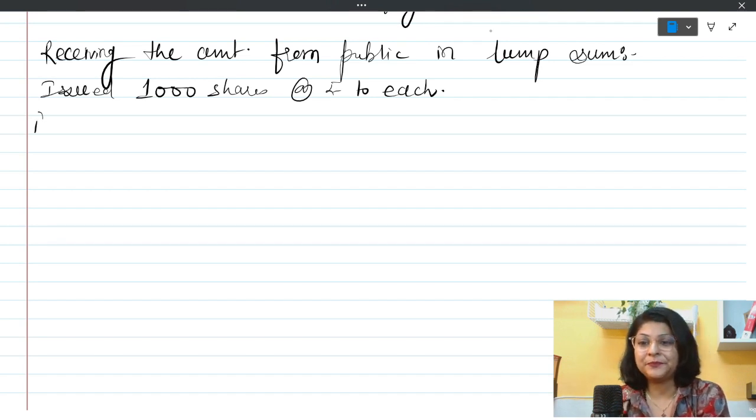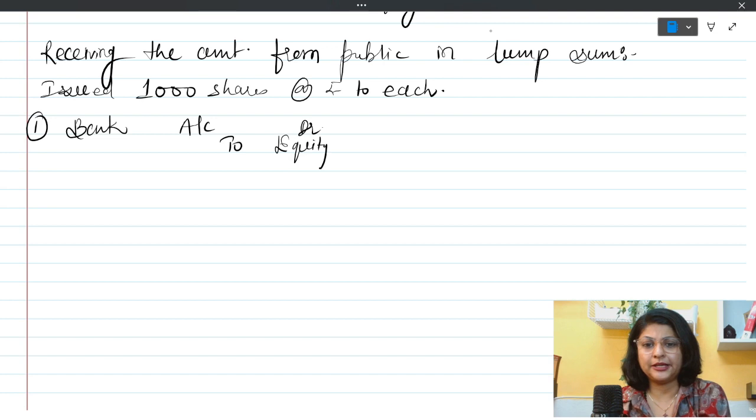There will be a slightly different journal entry. We will write bank account debit to equity share, be careful, equity share application and allotment.